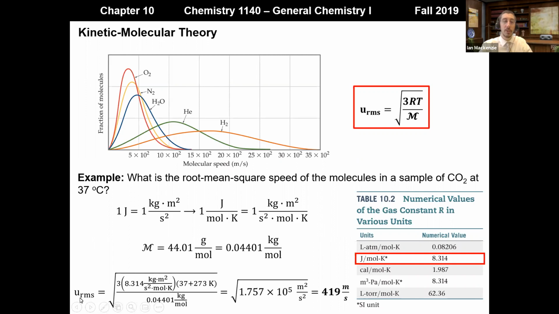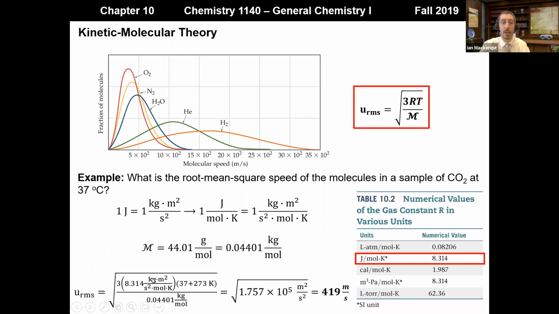So the root mean square speed is equal to the square root of 3 times the gas constant, 8.314 kilograms meter squared per second squared mole Kelvin, times the temperature, which has to be in Kelvin, so 37 plus 273 Kelvin, divided by the molar mass in kilograms per mole, so 0.04401 kilograms per mole.